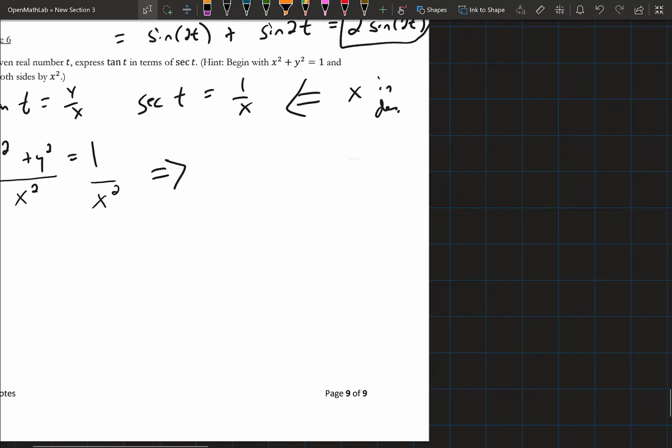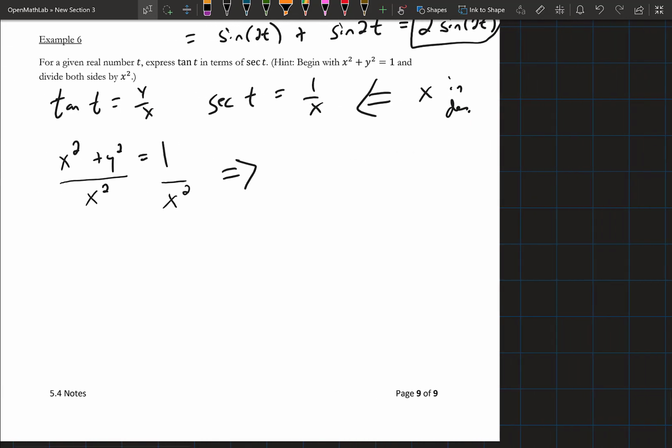Why are we dividing by x squared? Well, it's because this is y squared, that's the main thing, and also this x squared. If I were just to divide by x, it wouldn't be so helpful. But you'll see in a moment, since I'm dividing both sides by x squared, this will turn out to be a lot nicer.